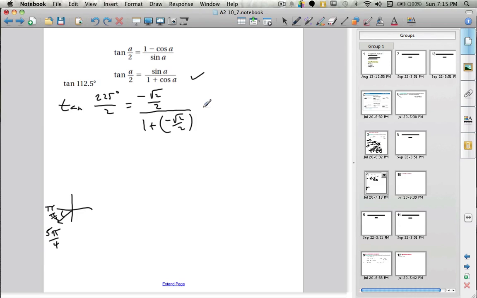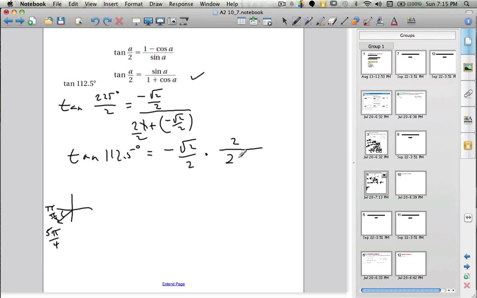Okay. So that means that my tangent of 112.5 degrees will be equal to negative root 2 over 2 times, I'm going to invert this, and I'm also going to create common denominators. So 1 is going to be 2 over 2. So the 2 here is going to be in the numerator, because I'm inverting.